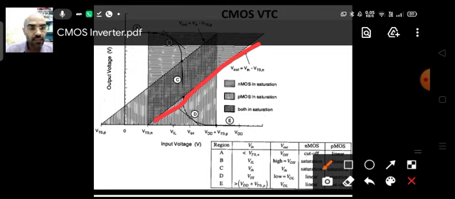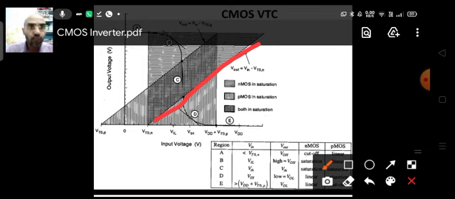Below this line, Vout will be less than Vin minus VTN, Vout being on the y-axis. So you see it is decreasing. Below this line, Vout will be less than Vin minus VTN, whereas above this line, Vout will be greater than Vin minus VTN. At this particular line, Vout will be equal to Vin minus VTN.